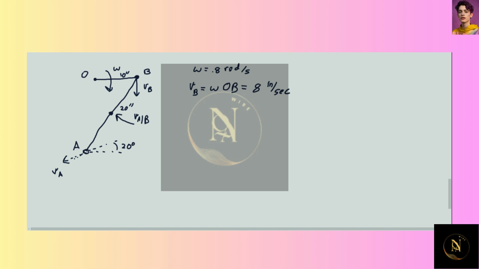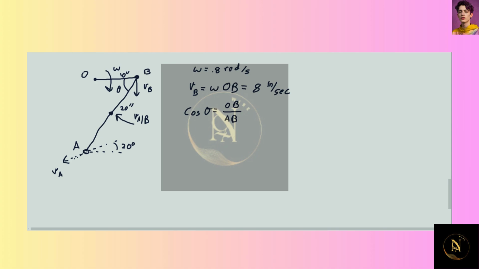We can then calculate this angle right here, which I will call theta, to find some directions here. We can get that looking at the cosine of theta equals the length OB divided by AB.